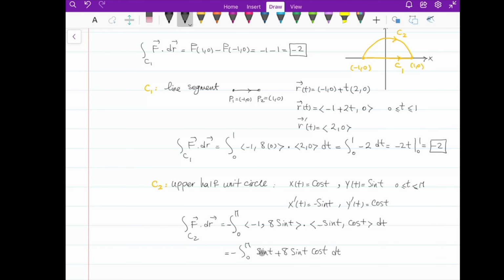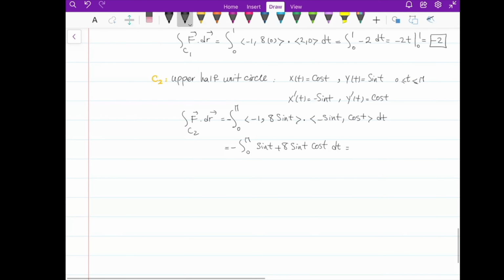For the integral of sine t, keeping the negative sign in front, the integral of sine is negative cosine t from 0 to pi. For the other term, I'm going to use u-substitution. I take u as sine t, and then du would be cosine t dt. So I get negative 8 sine squared of t over 2 from 0 to pi.